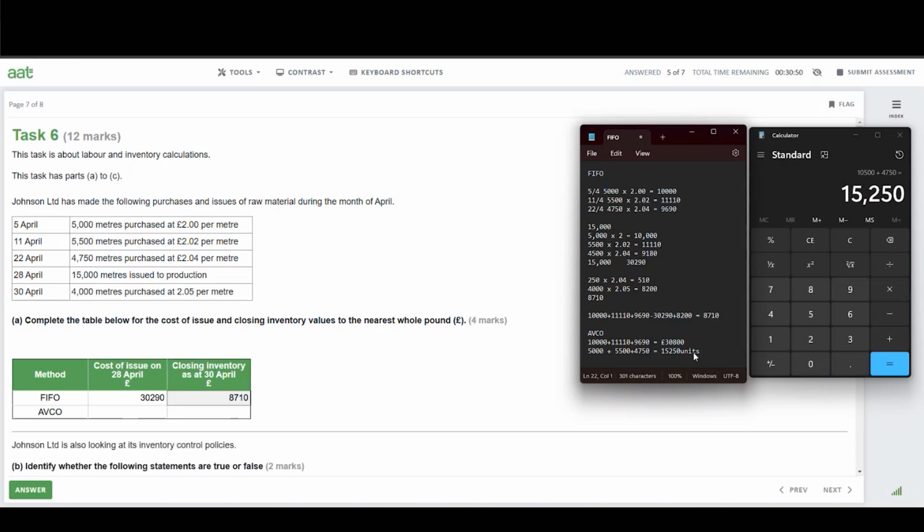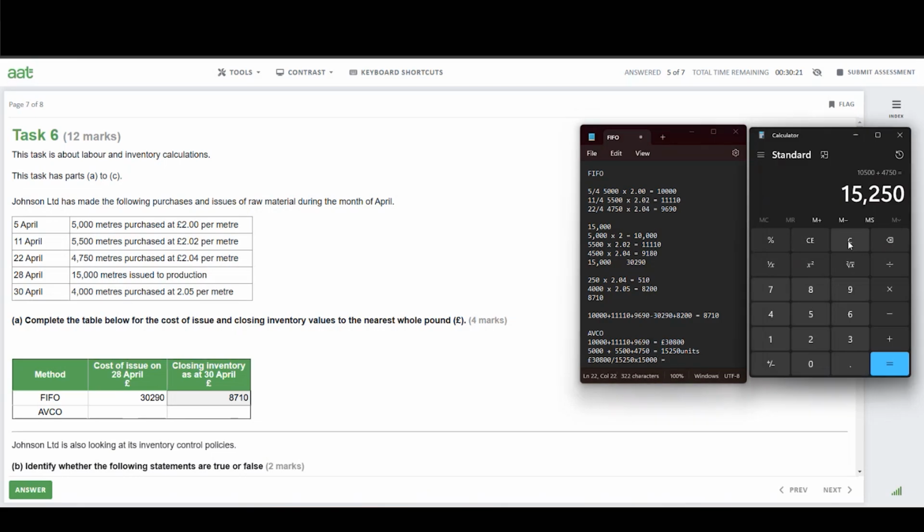So to work out the average cost of our issues, we'll divide the cost of our receipts by the number of units that we've received, and then multiply that by the number of units issued, so 15,000. So what does that give us?